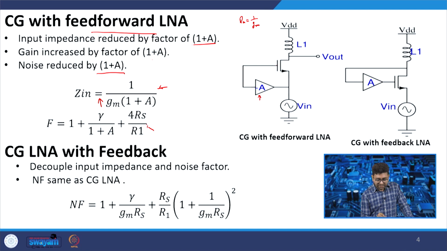R1. Now, this R1 resistance, as I told multiple times, arises because there is inherent capacitance of the MOSFET, as we have discussed in the last slide, and during the resonance, this is not an ideal inductor.